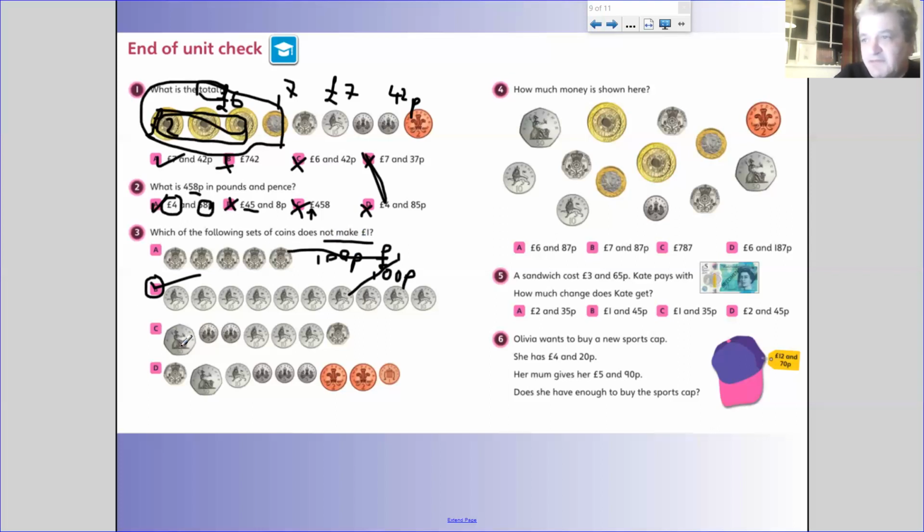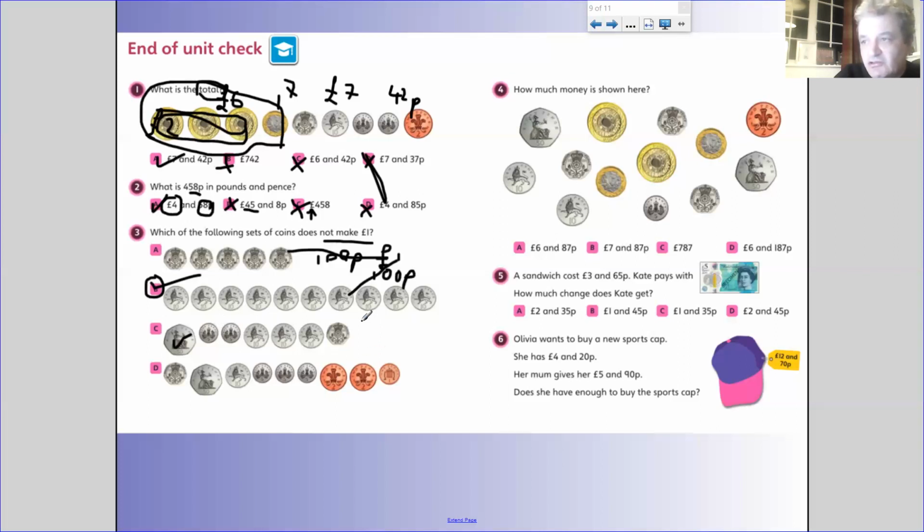Okay, I've got a 50p here. So I'm going to start with the 50 in my head, and I'm going to add the next highest value coin. 50, 70, 80, 90, 100 pence. But I've got 2 extra 5s.